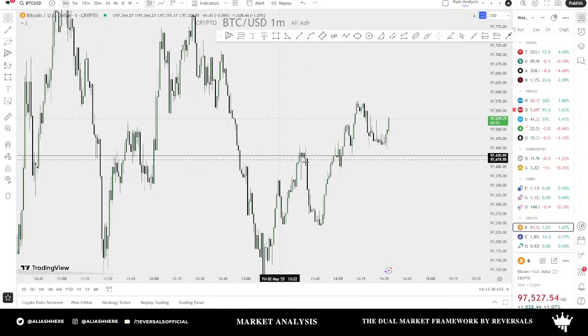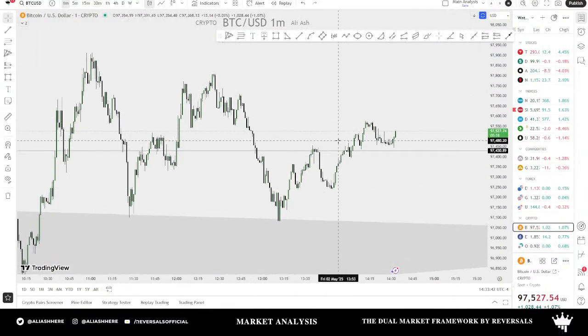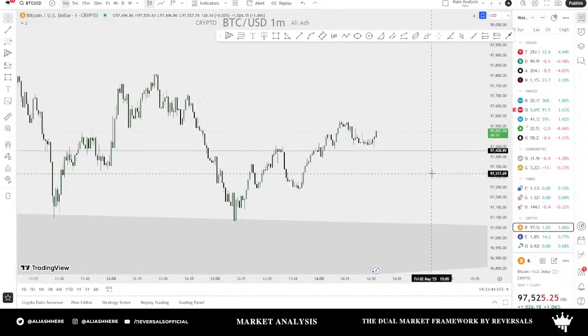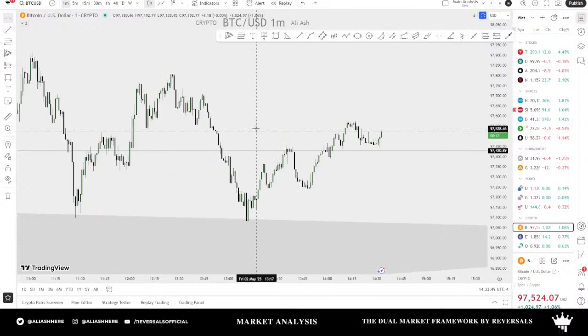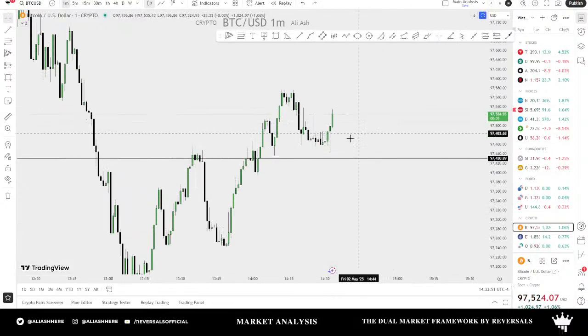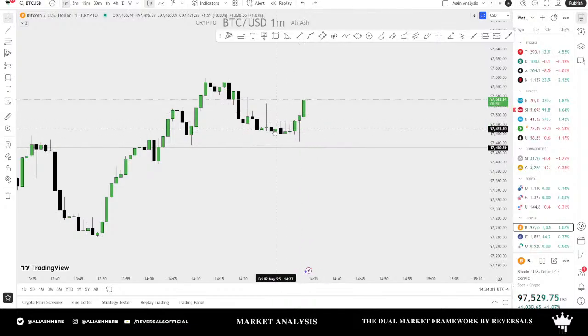Okay, so what do we have on a 1 minute chart? Here the hammer is trying to push the market, and we saw a shooting star, and we saw selling pressure here.